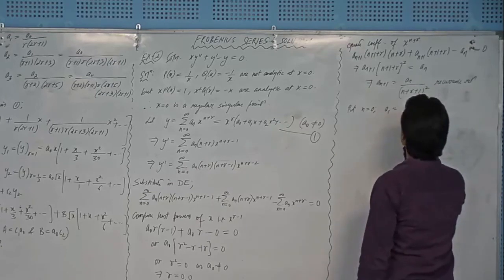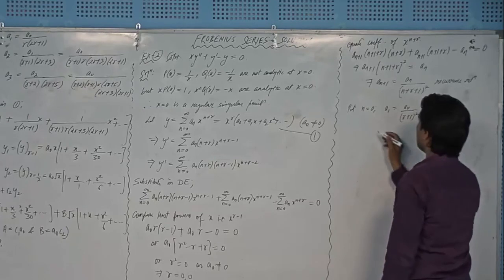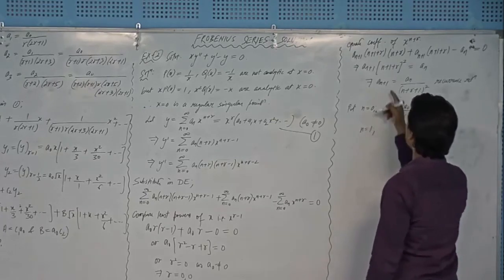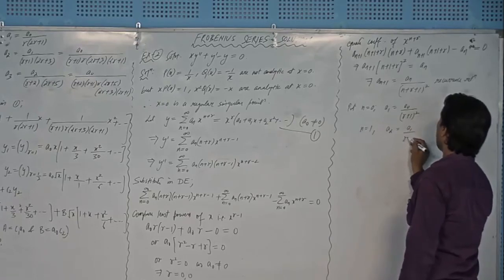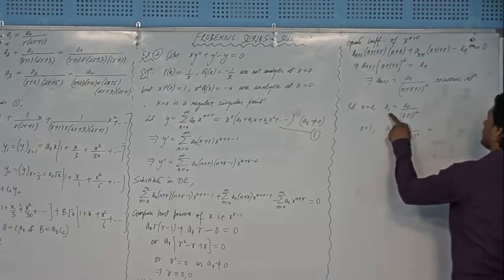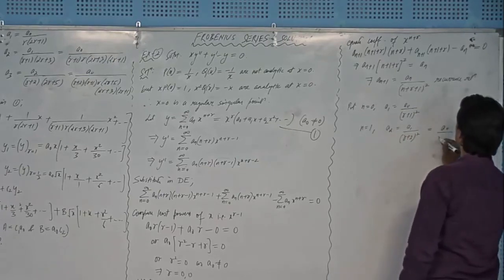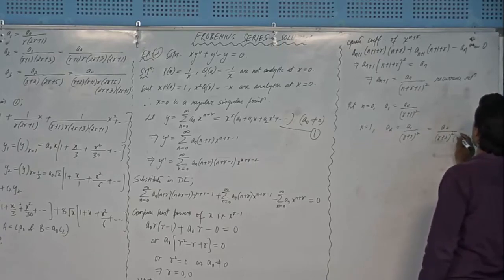Put n equal to 0 first, and I will get a1 equal to a naught over r plus 1 whole square, right? If I put n equal to 1, I will get a2 equal to a1 over r plus 2 whole square, and since I know the value of a1, I will use this value: a0 over r plus 2 whole square times r plus 1 whole square, right?